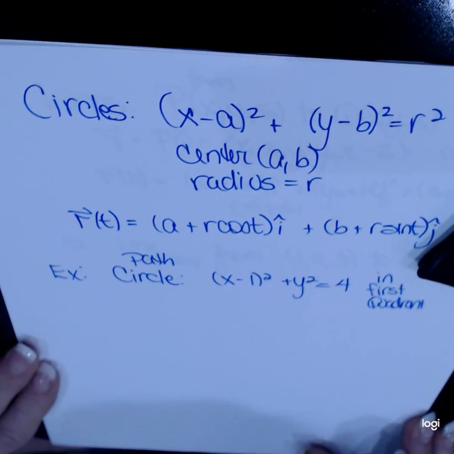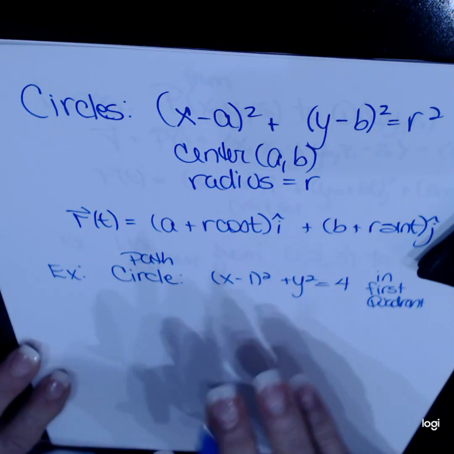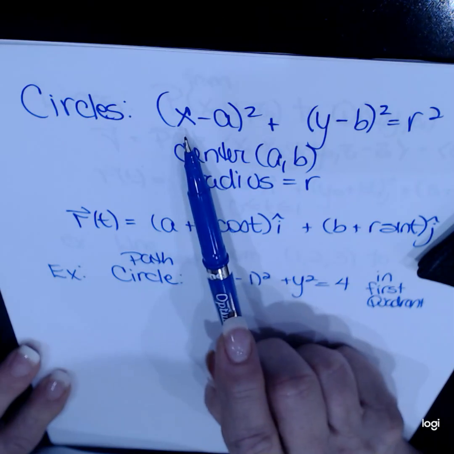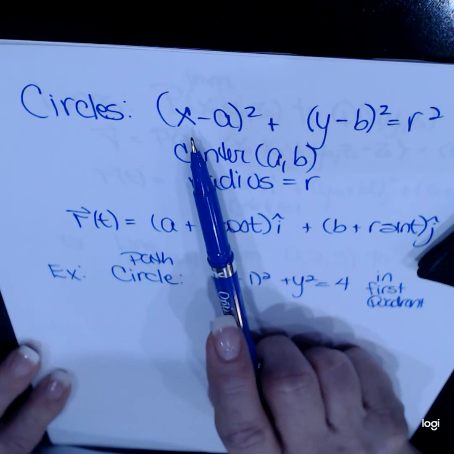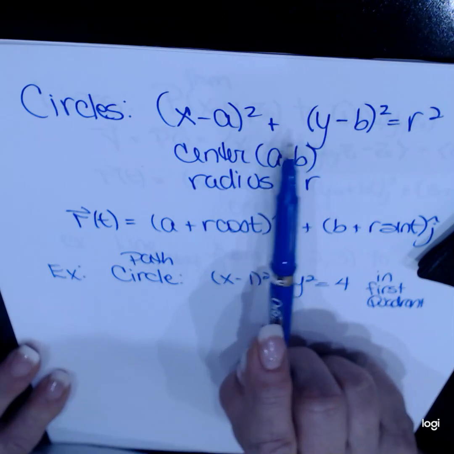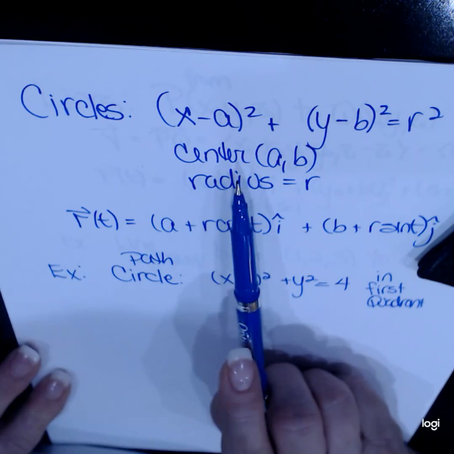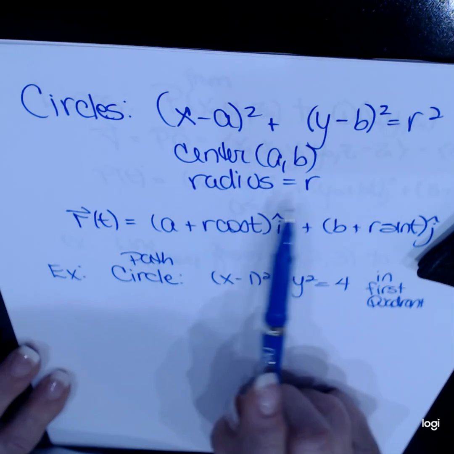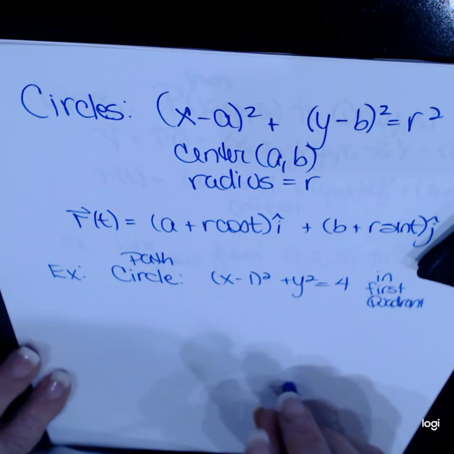So the first example we're going to look at are circles. The standard form of a circle is x minus a squared plus y minus b squared is equal to r squared, where the center is located at (a, b) and the radius is equal to r.